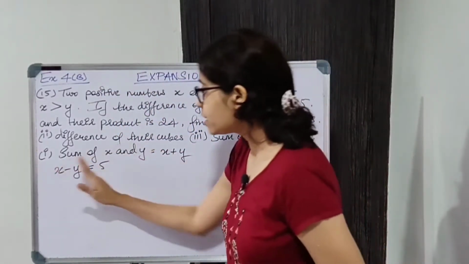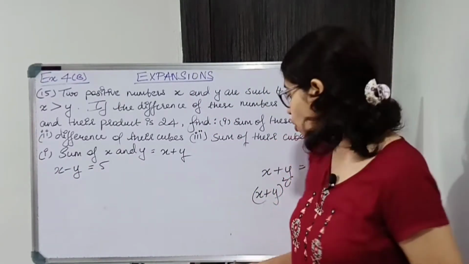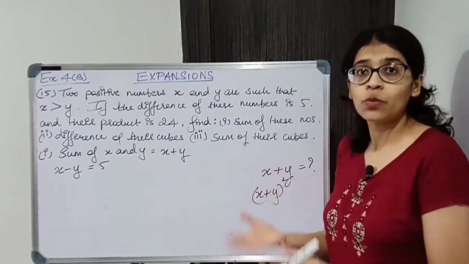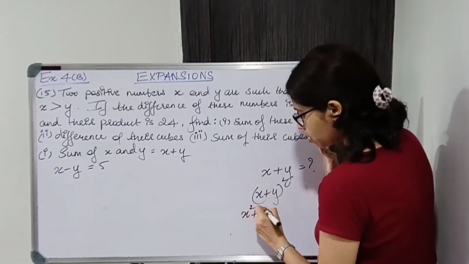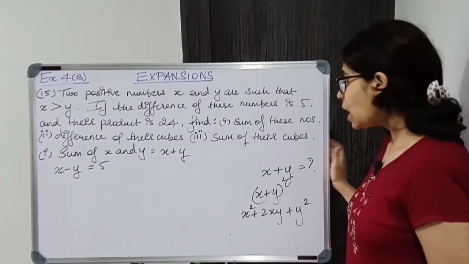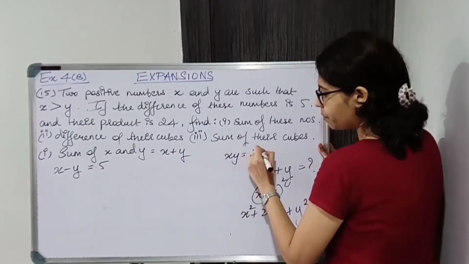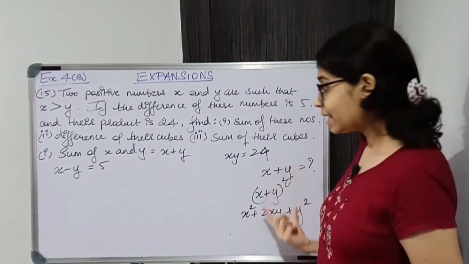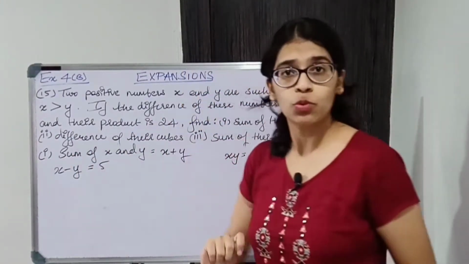Okay, so let us square this on both the side and find whatever possible. Okay, because we cannot find this directly. I don't know the value of x square plus y square. Okay, even if I want to find x square plus 2xy plus y square, this is the expanded form. I know value of xy. Xy ka value I got 24. But do I know value of x square plus y square? No, I can find that only from this part. So I need to square this on both the sides.